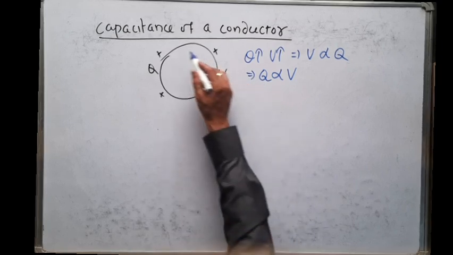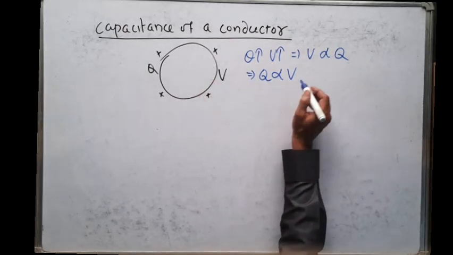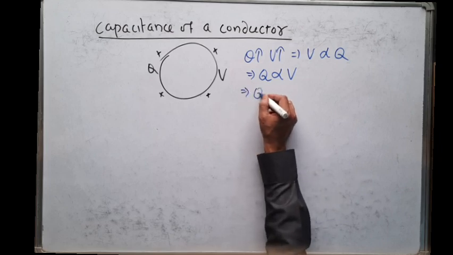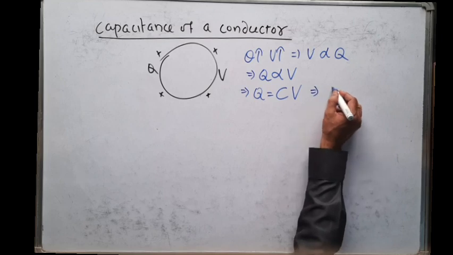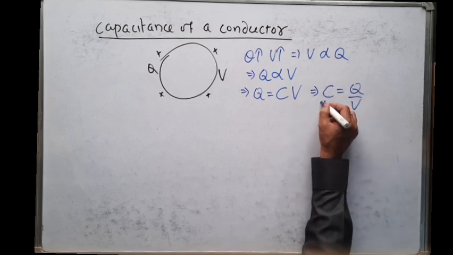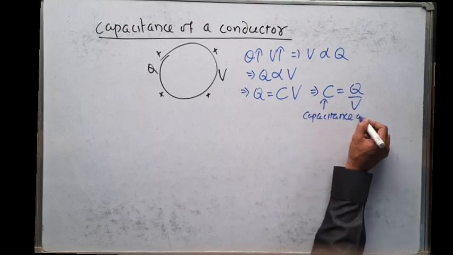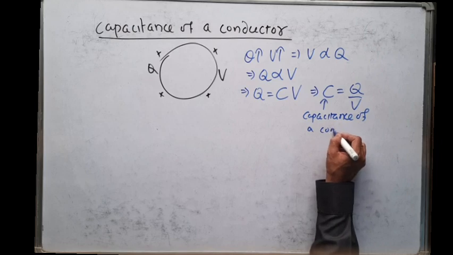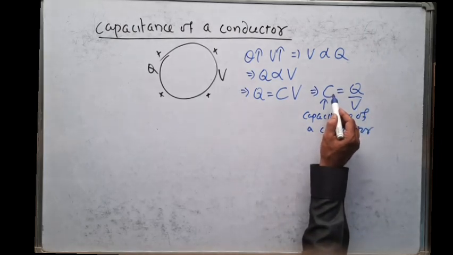So the charge on the conductor is directly proportional to the potential difference, or Q is equal to some constant times V. That constant is C, which is equal to Q by V. This C is called the capacitance of a conductor. Now how can you define this capacitance?